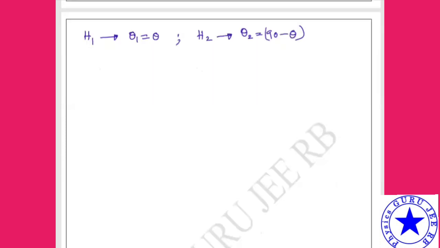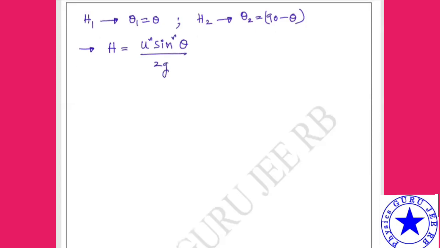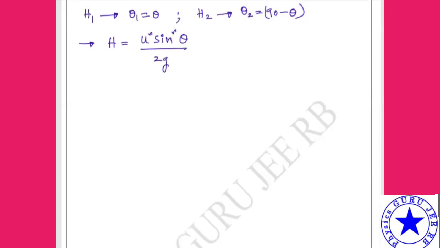First we'll write the maximum height formula. Can you tell me the maximum height? u square sine square theta divided by 2g. What are the relations that we are going to obtain here? First I'll take H1. H1 equals u square sine square theta 1 divided by 2g.